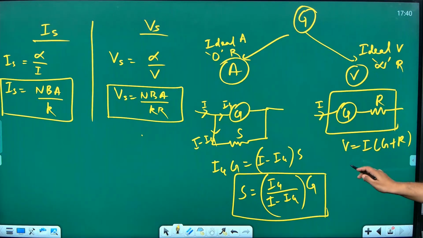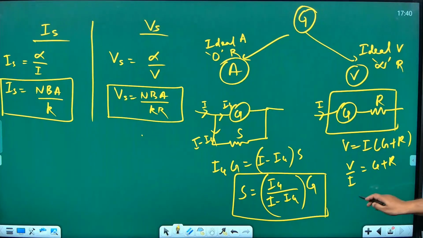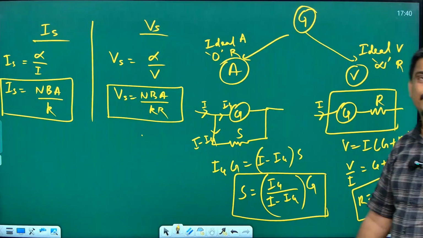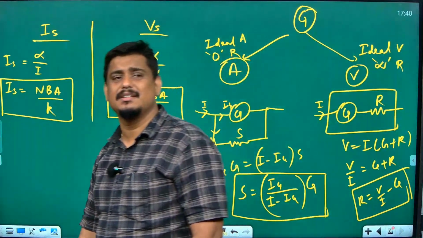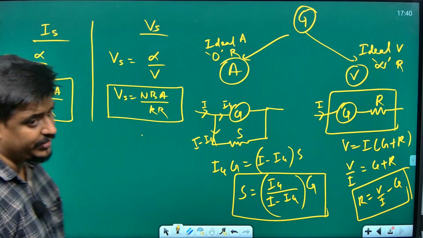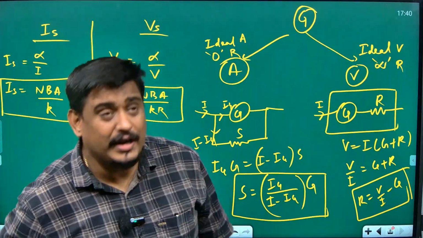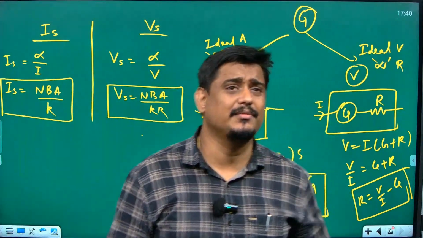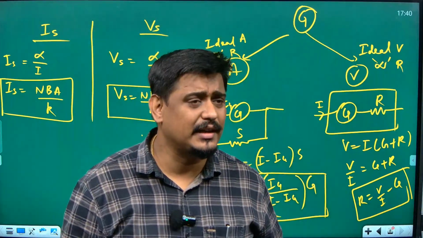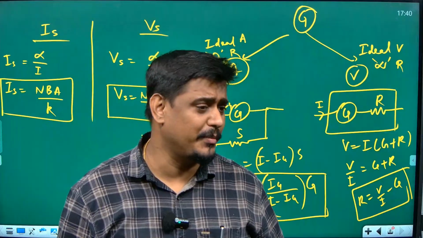So from here I can write V by I is equal to G plus R. And from here you can write the value of R. R will become equal to V by I minus G. By this formula, you can find the resistance required to be added in series to convert a galvanometer into a voltmeter. So I have recalled everything from this chapter, right from Biot Savart law till the conversion of a galvanometer into a voltmeter and ammeter.